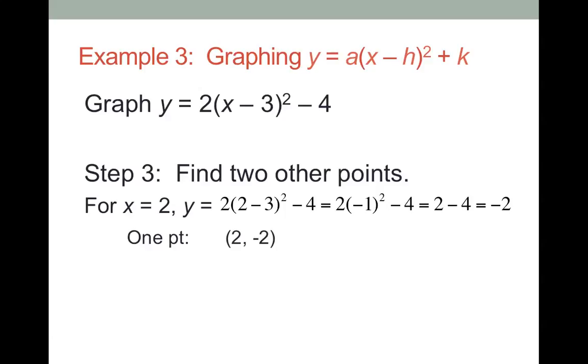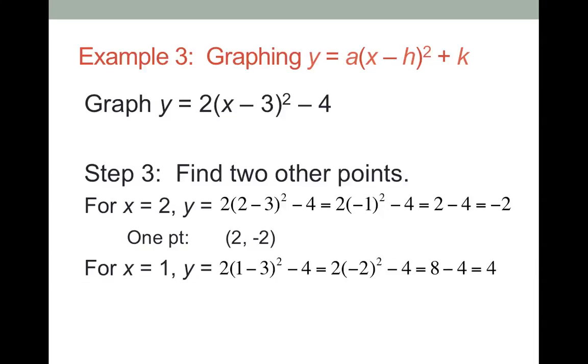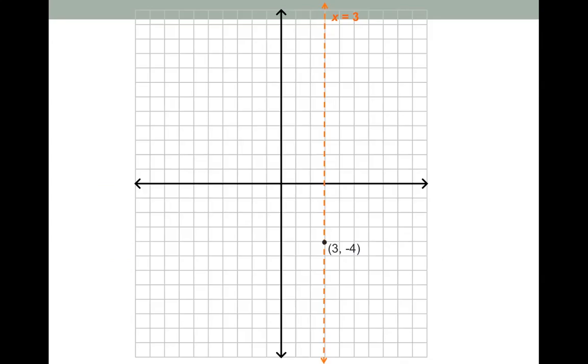So I know one point that my parabola goes through is the point 2, -2. I could also pick an x of 1, substitute that in for x, work it out, and I get a value of 4. So another point would be at 1, 4. So those are 2 more points that I can graph on the left side of my axis of symmetry.